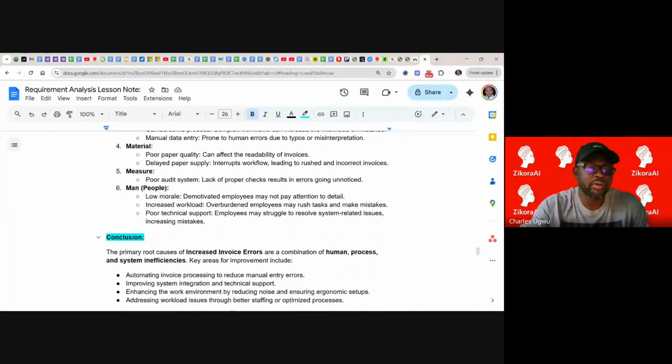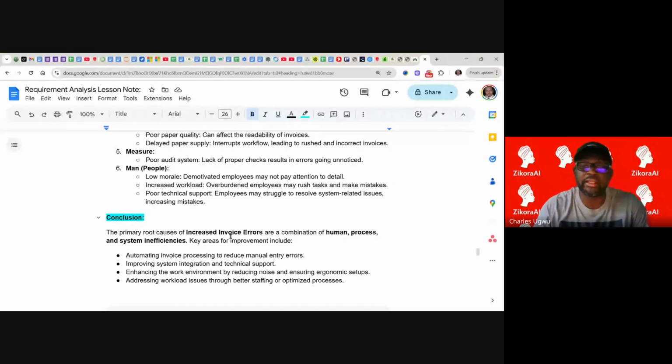So, conclusion: in this kind of situation, the primary root cause of incorrect invoices can be a combination of human, process, and system inefficiencies. Key areas of improvement can be automating invoice processing.